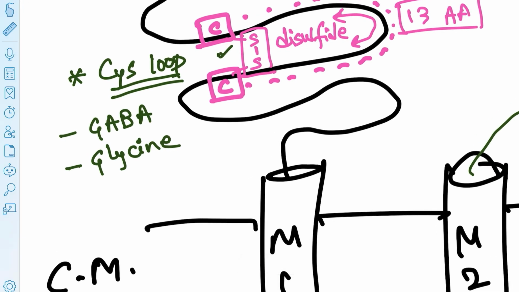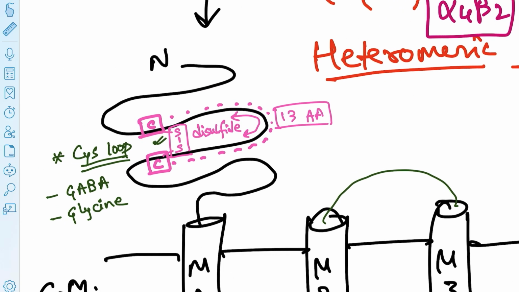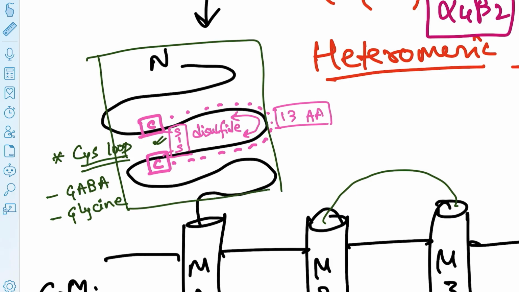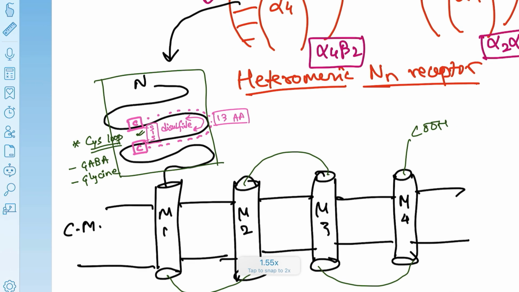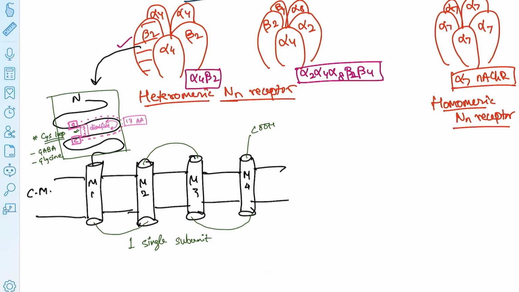What is the significance of this disulfide bond? It basically helps to stabilize the ligand binding domain. Okay, the ligand basically binds to this particular region of the N terminal, and it allows proper room for the ligand to bind. Okay, so this was all about a single subunit of nicotinic acetylcholine receptors.